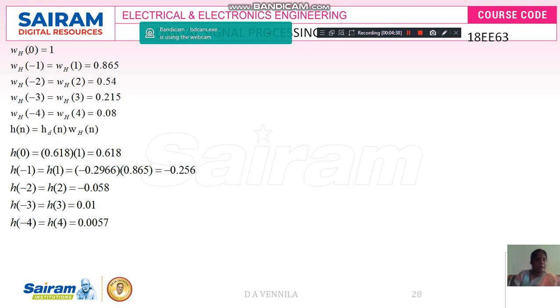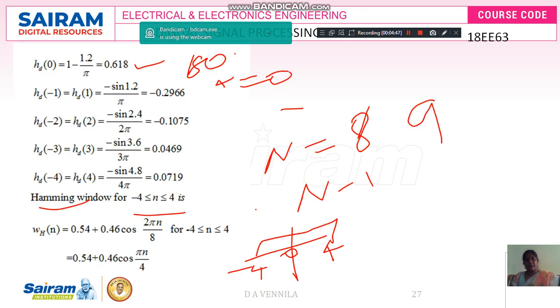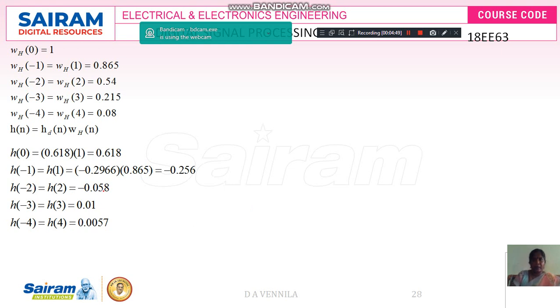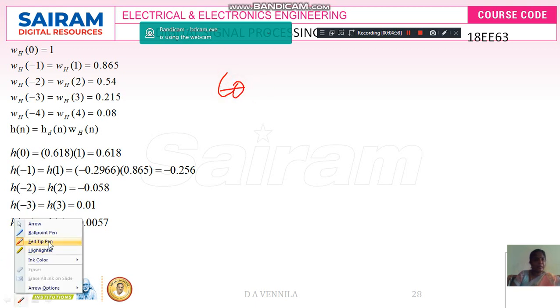Now substitute n equal to 0, 1, 2 in this. What is the formula for the Hamming window again?